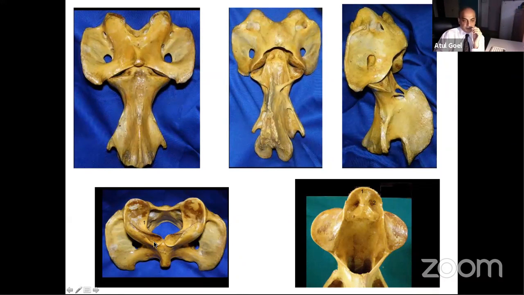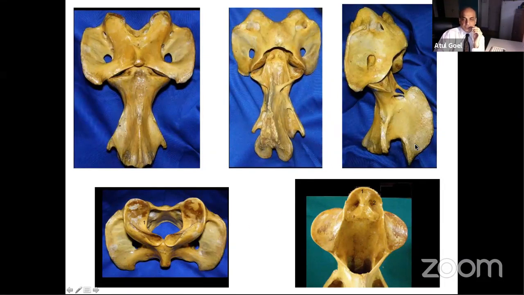And in this C1, the facet of C1 is almost completely circumferential. You see the facet of C1? And the transverse process of C1 is quite huge to take care of muscle attachment, quite strong muscle attachment.